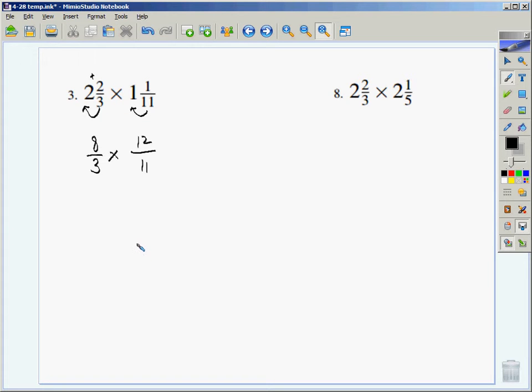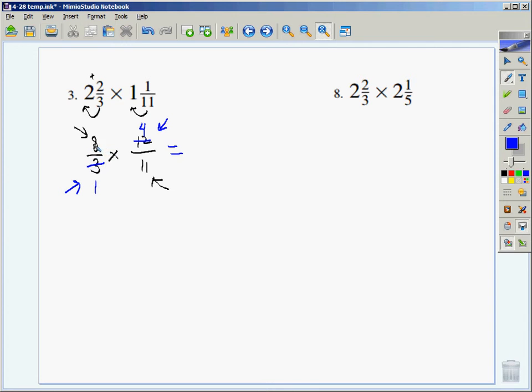If anything will cross cancel, we should. There's nothing that'll go into 8 and 11. But is there something that'll go into both 3 and 12? They're divisible by 3. If I divide this by 3, it becomes a 1. If I divide this by 3, it becomes a 4.